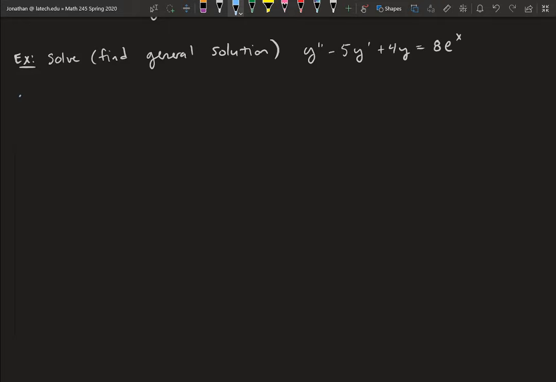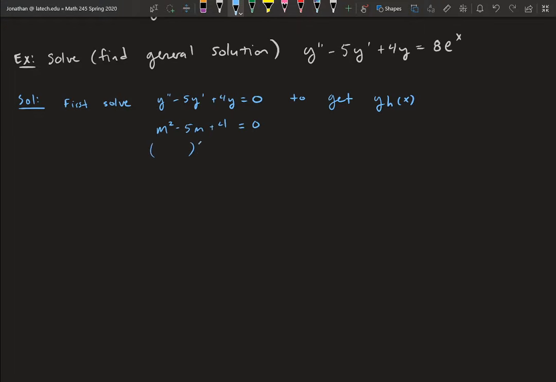So the solution. First thing we do is solve the corresponding homogeneous equation, y double prime minus 5y prime plus 4y equals 0, to get y sub h of x. That means m squared minus 5m plus 4 equals 0.